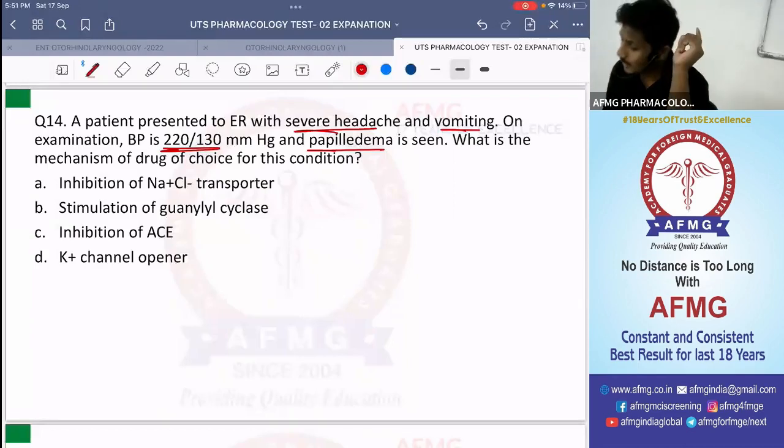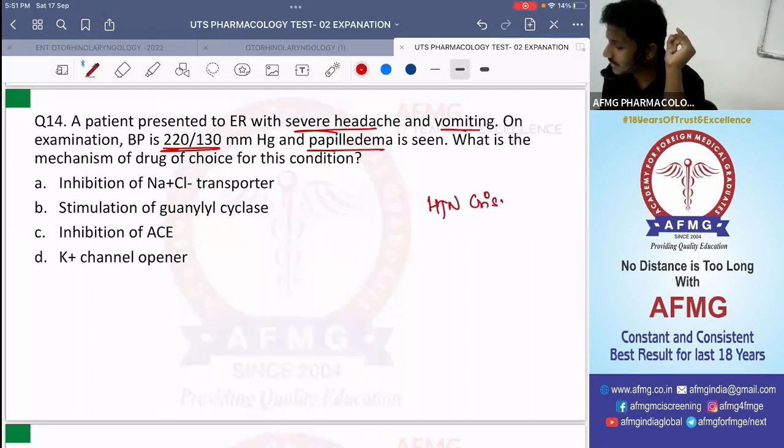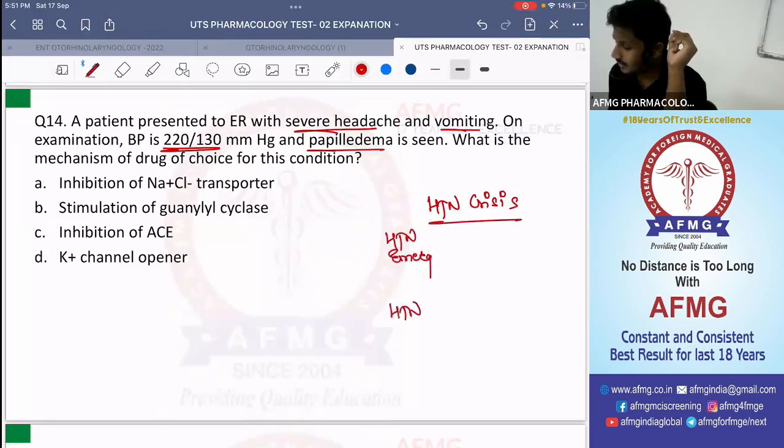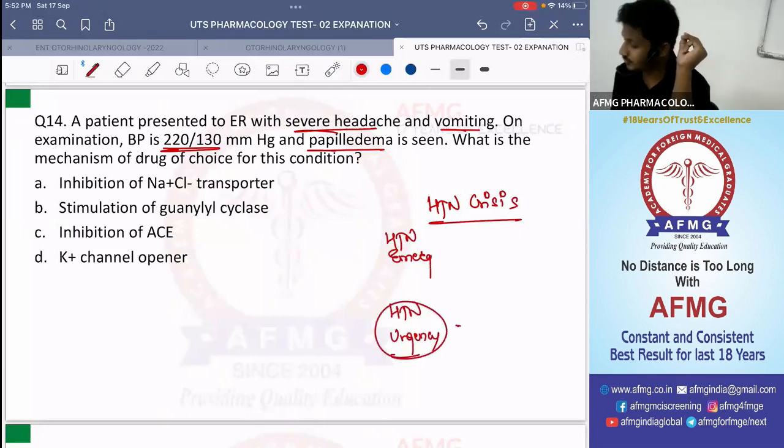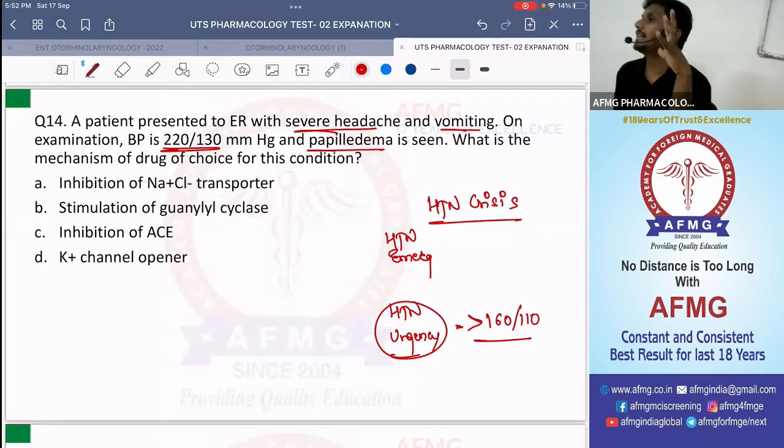Whenever the blood pressure increases too much, that is what is called a hypertensive crisis. It can be either a hypertensive emergency or a hypertensive urgency. Hypertensive urgency means only the blood pressure is more. How much? More than 160 by 110, but there is no end organ damage.